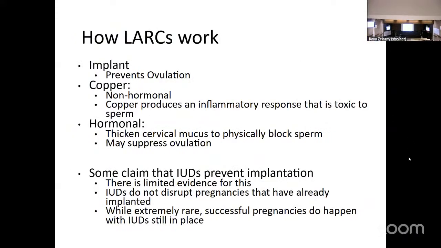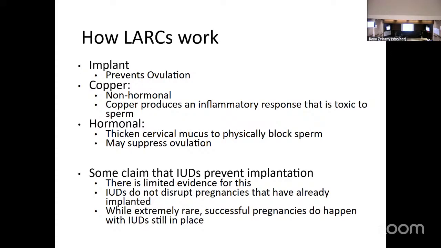Okay. So thinking about those long-acting reversible contraceptives, I don't have a figure for you about the implant, but there's an implant. You put it in your arm, works for several months. This prevents ovulation through those hormonal methods that we've discussed, but you don't have to remember what time to take it every day.